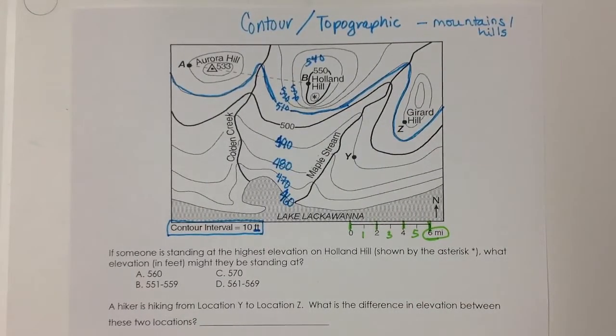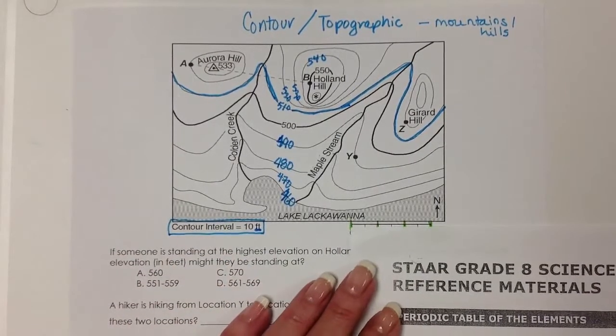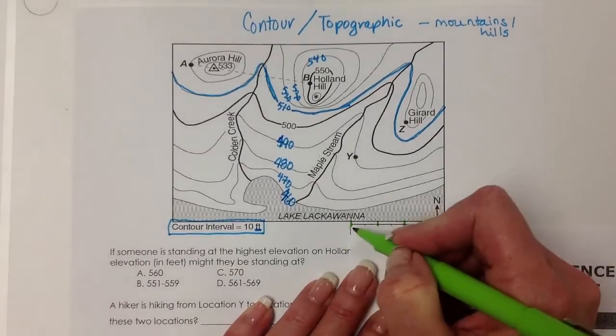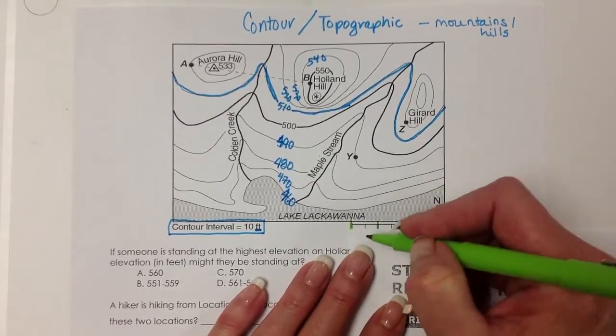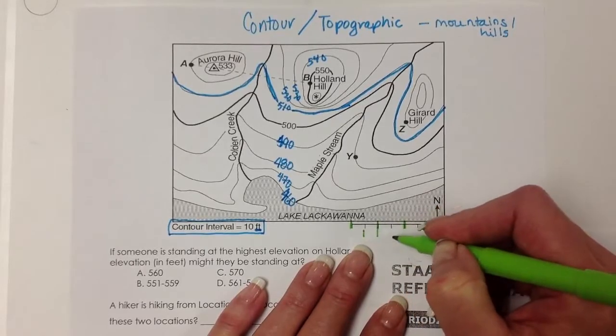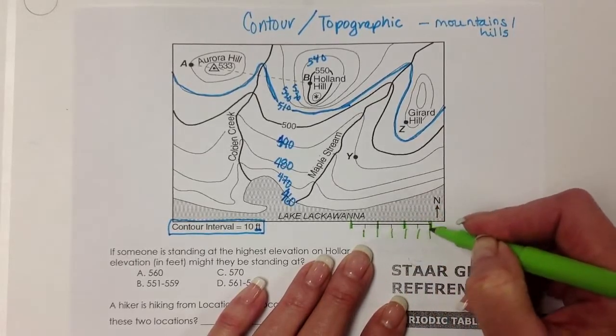How could you use that on the test? Well, you have a periodic table, and on the back of it your reference formulas. You can take that, start over here with 0, and then just mark off. This would be 1, 2, 3, 4, 5, 6.